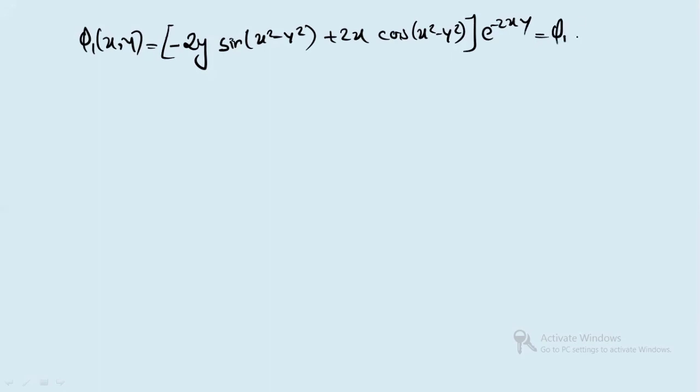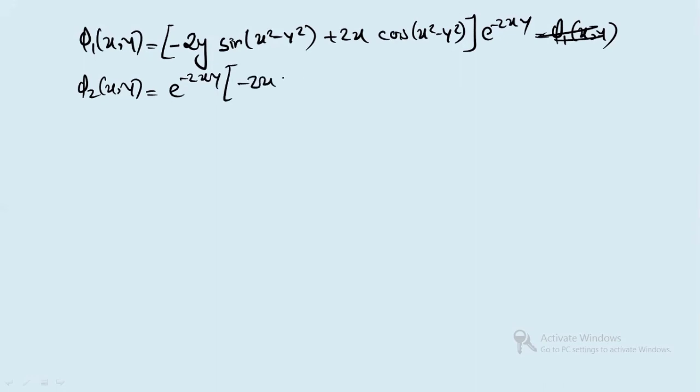Similarly, phi 2 of (x, y) is equal to e to the power minus 2xy, which was common.